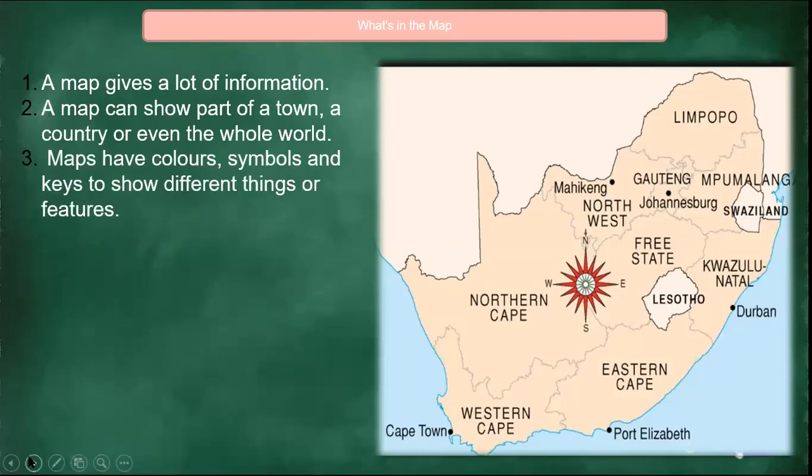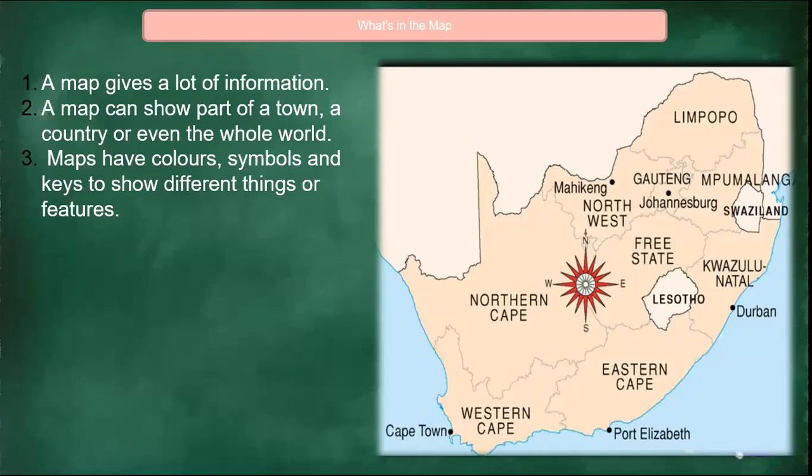And then maps have colors, okay? These are the colors. This one doesn't show a lot of colors, but I'm going to get you the one that shows a lot of colors. A map has colors so that we cannot be confused. It has rivers. Rivers have their own colors. Hills have their own colors.